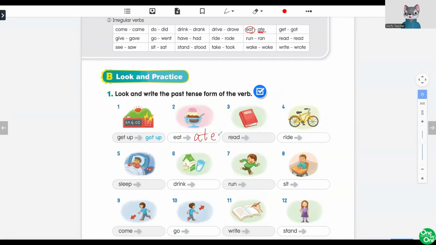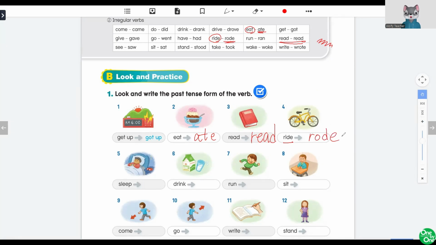Read, remember, it's the color of my little pen over here. It has the same spelling, but different pronunciation. Read changes to red. 스펠링은 똑같다는 거 까먹지 말고. Ride changes to, that's right, rode.